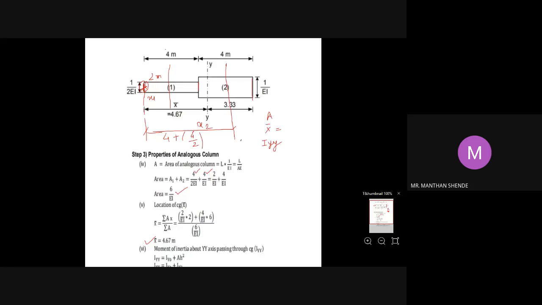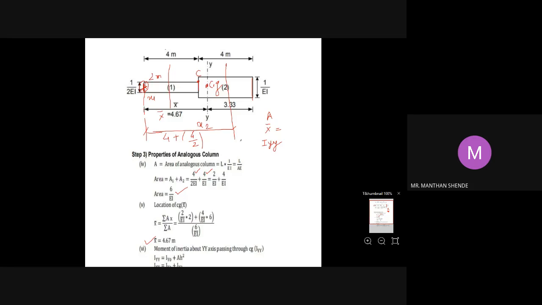Once you get the CG of the given section, locate the YY axis. This is the CG of the given figure, X bar about the YY axis, which is 4.67. It means just after this point C, the YY axis will be located. This is a total of 4 meters, so after 4, the X bar is 4.67.